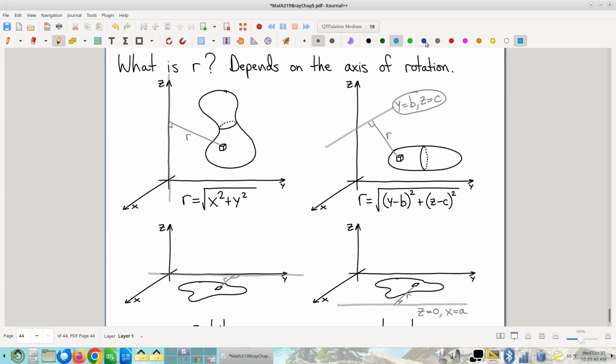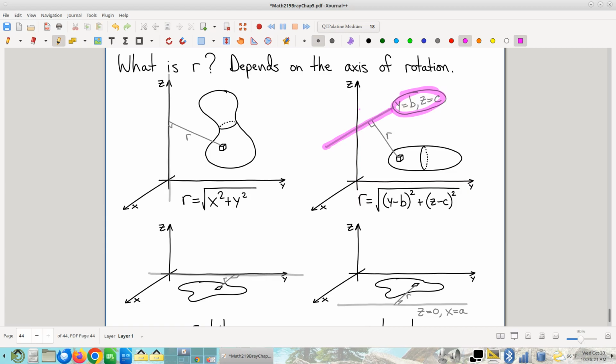If you're rotating around the z-axis, then the distance from wherever you might be to that z-axis is the usual good old cylindrical coordinate r. And cool in that case, right. But if you're rotating instead around some other line, so it's not the z-axis, it's not even parallel to the z-axis, it's not even an axis, right? There's just some line. It happens to be parallel to the x-axis, right?